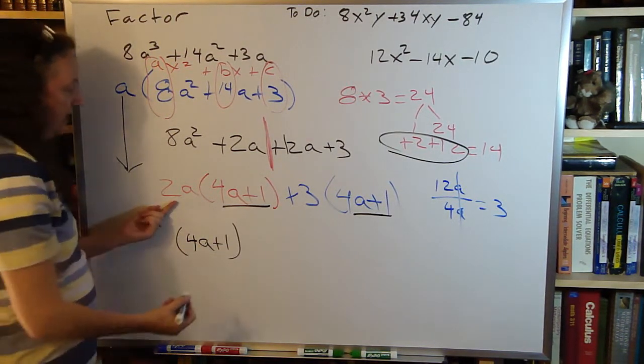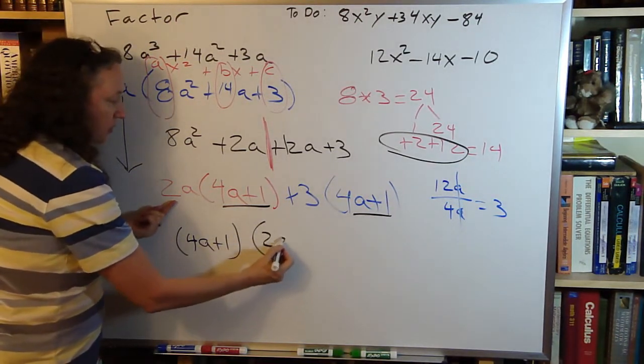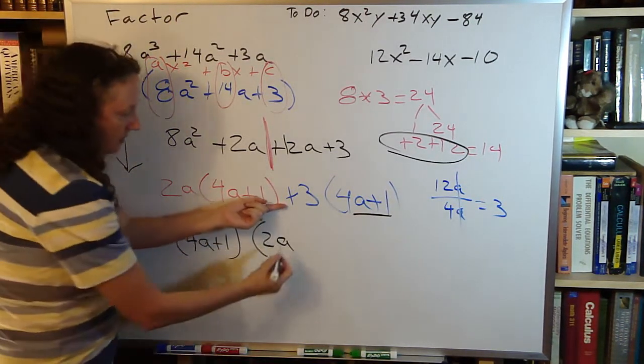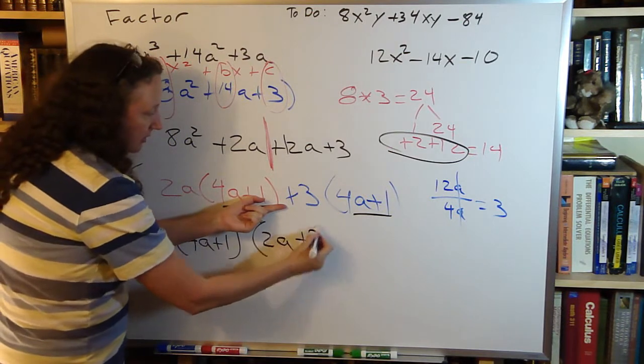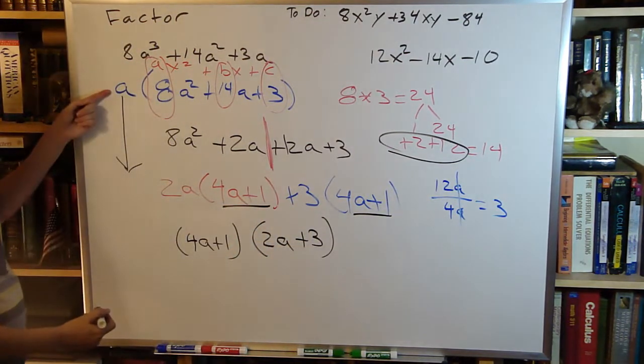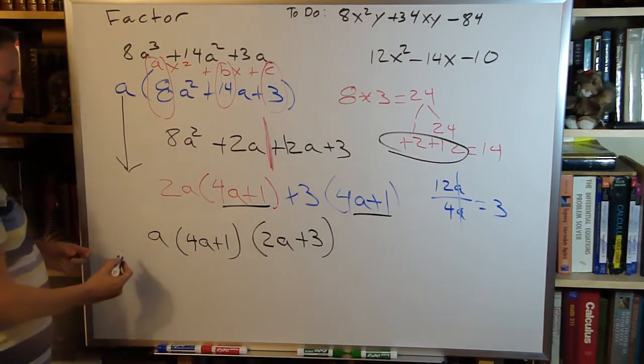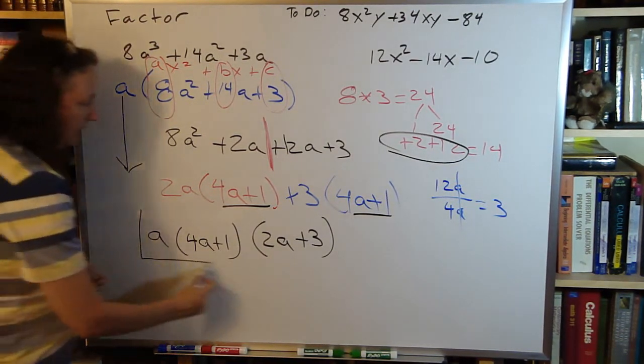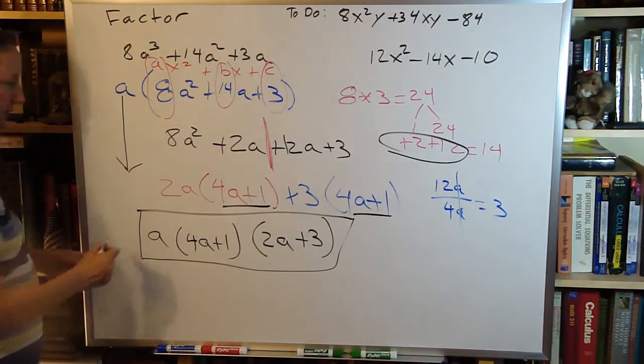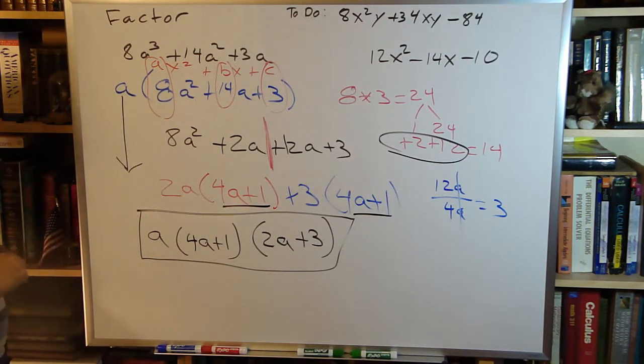What's left outside? 2a plus 3. And don't forget, we're carrying this a down from the front. I now have my answer. That problem's done.